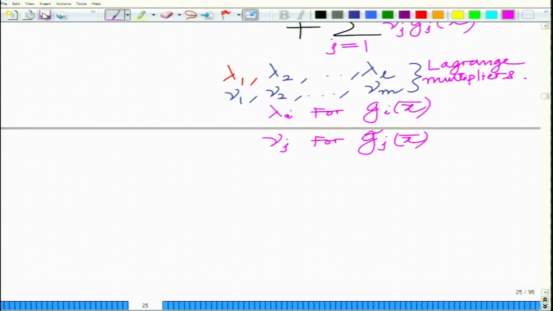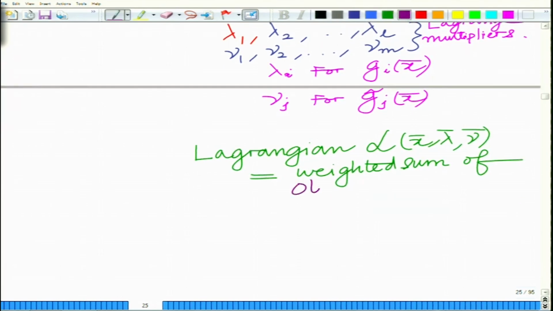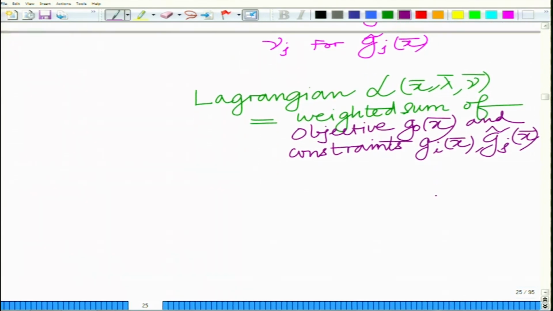The Lagrangian, L of x bar, lambda bar, nu bar, is the weighted sum of the objective g naught of x bar and the constraints gi of x bar and g tilde j of x bar.